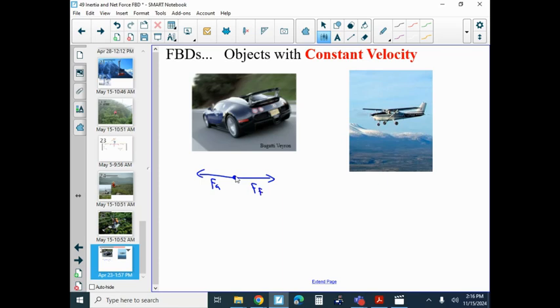So horizontally, it's balanced if it's constant velocity. And then you'd have force up on the tires from the ground, balancing the force of gravity. And so overall, you've got a net force in both directions. If it's constant velocity, that means that the net force equals 0. Right? Key thing to be able to start with all the time.